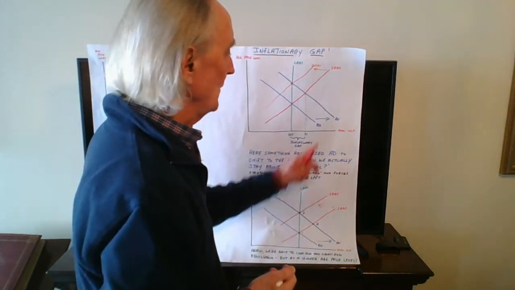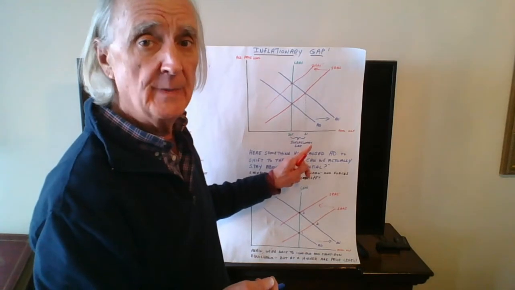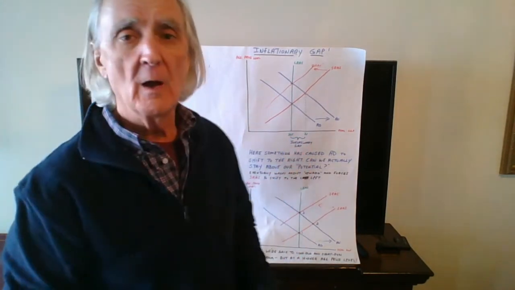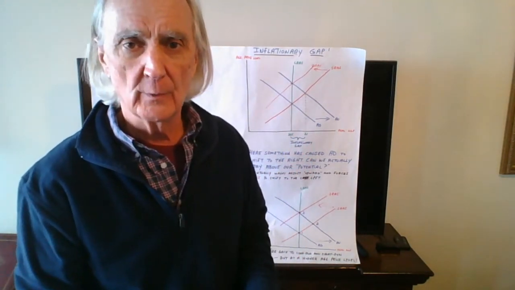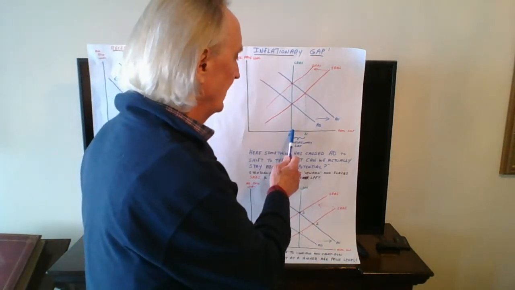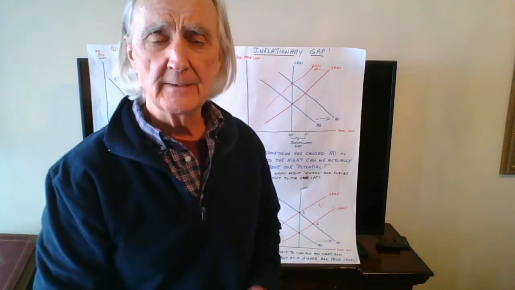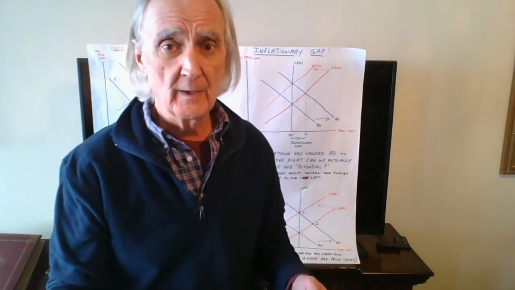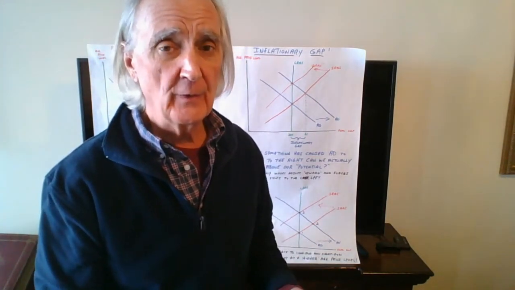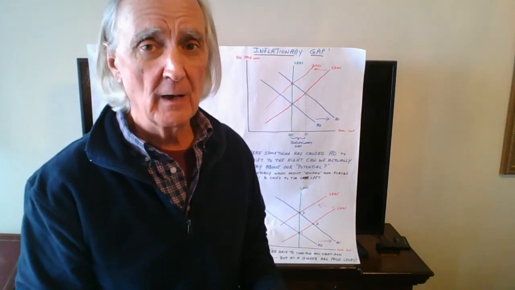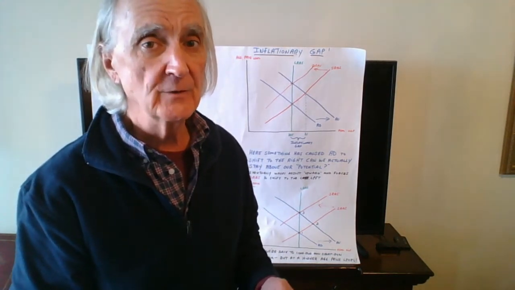Now, we are beyond what we call our potential output. So we're to the right of our long-run aggregate supply, and guess what? Prices, our wages, are going to begin to go up.